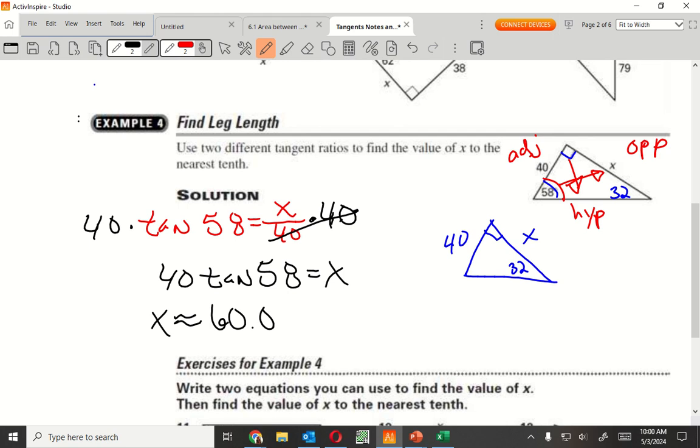So I've got the right angle. That side is now my hypotenuse. There's my hypotenuse. If this is my reference angle here, across is now my opposite, right? There's the opposite, and my last one is adjacent.